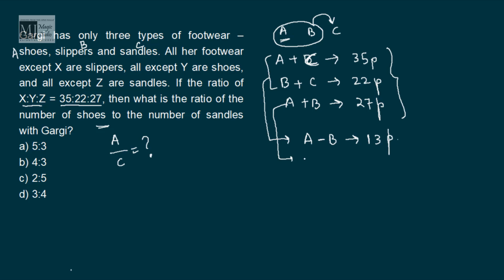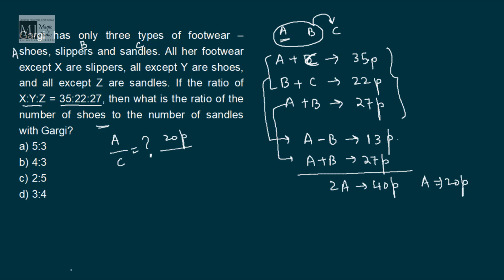Now I have A plus B is 27P. If I add up, 2A is equal to 40P. A is equal to 20P.